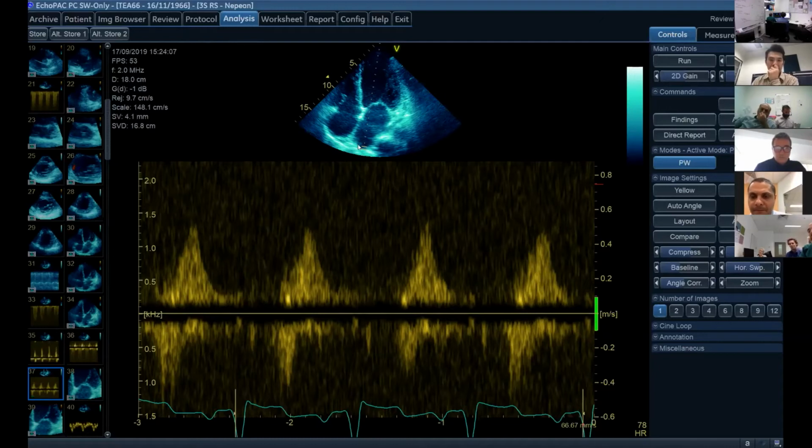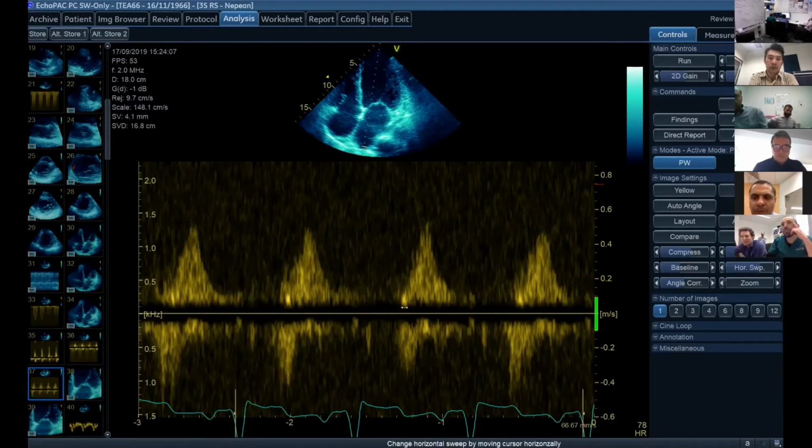So you normally have S, D and A waves, and the S wave is not visible in this tracing, and there's a diastolic dominant wave, which would make you think moderate to severe. Normally the S wave during systole, from the beginning of the QRS to the end of the T wave, you'd expect in a normal pulmonary vein flow to be bigger than the diastolic flow, the end of the T wave to the beginning of the QRS.